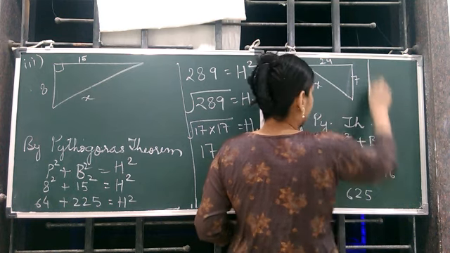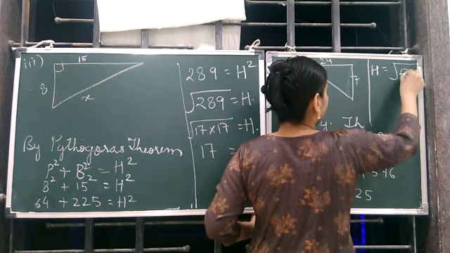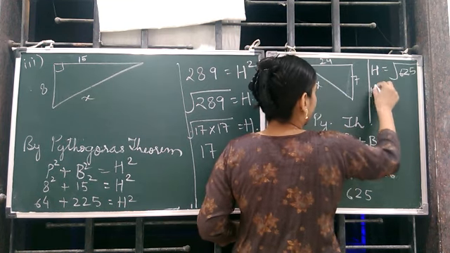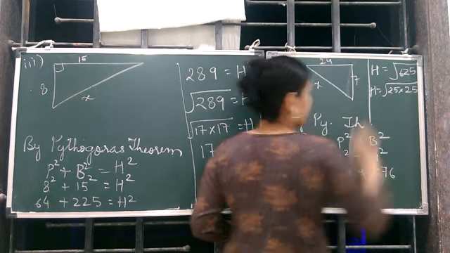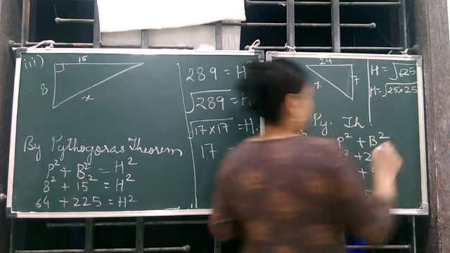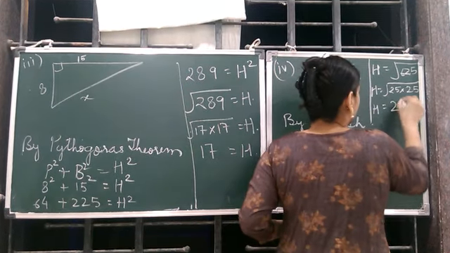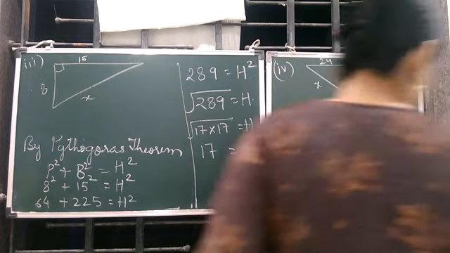So 625. So h is equal to square root of 625, and 625 can be written as 25 into 25. Always remember, a pair always comes out; a single number never comes out, it always stays inside the root. So h is equal to 25. This completes the fourth one.